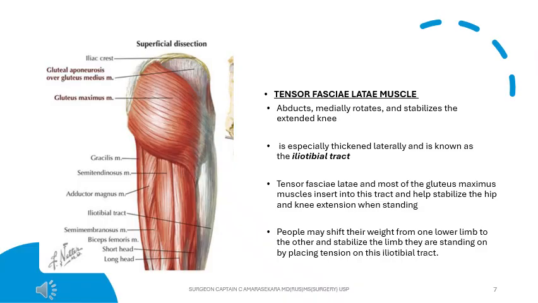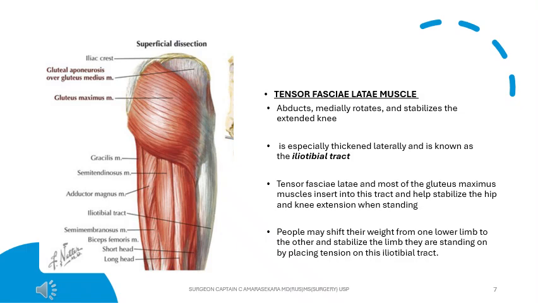Both the TFL and the posterior fibers of the gluteus maximus insert into this tract, contributing to lateral stability during standing and movement. The TFL abducts and medially rotates the thigh at the hip.